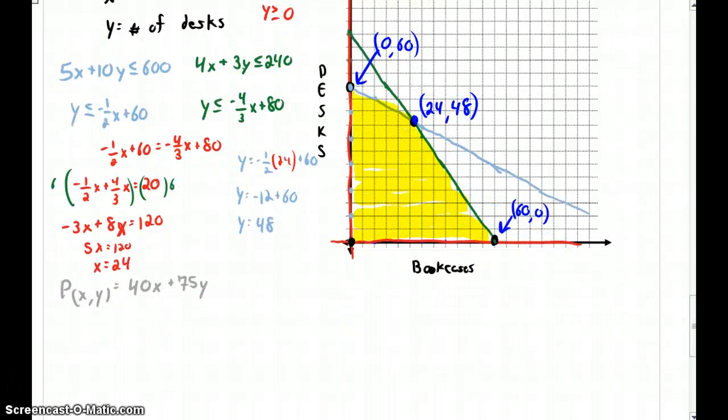Now, I just have to test these points. Oh, and there's one more point at 0, 0. Pretty useless point because you're not going to make any profit. But let's put it in. The profit when you make 0 desks and 0 bookcases is clearly 0.